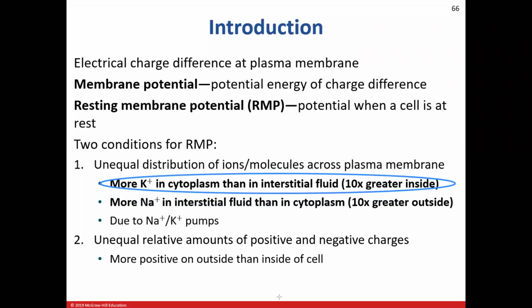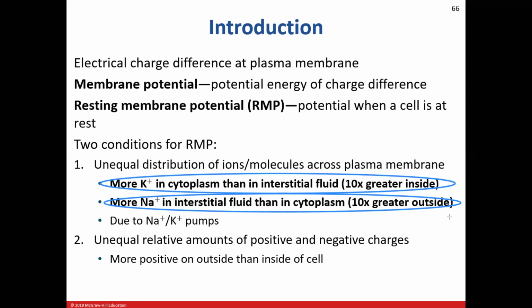You will want to know this, not necessarily just because it may be on an exam, but because the better you understand this statement and this statement, more sodium in the interstitial fluid than in the cytoplasm, 10 times greater outside the cell, the better you're going to understand muscle contraction and the action potential of the nervous system. So please make sure that you commit these two statements to memory.